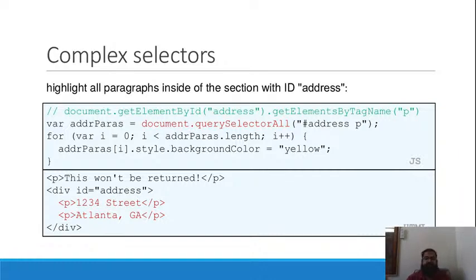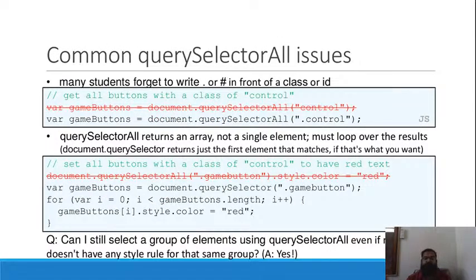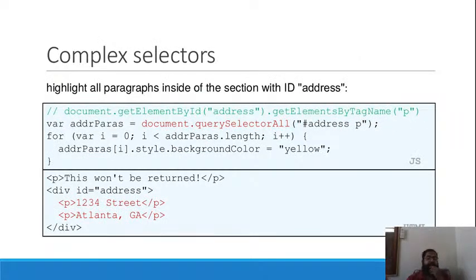Now, this example is easy, right? So we have the p selector, then address p, and if you want to select for a class, if you don't write dot or hash, you won't be able to differentiate between the class or an ID. Earlier we saw that hash address is for an ID.